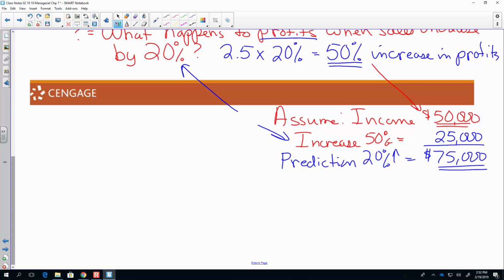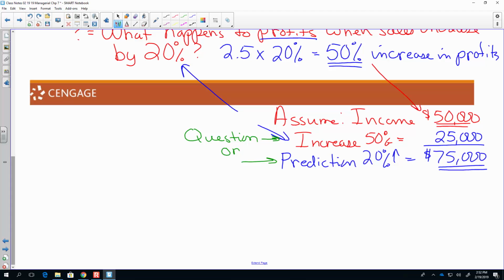That's how the DOL works. It gives me the ability to predict what my increase in sales or my increase in revenues or income will be. Now, for the test or for your questions, I may ask for the increase, or I might ask for the new prediction, right?